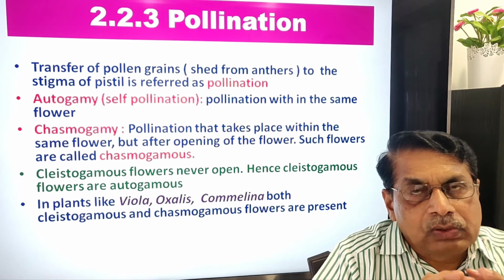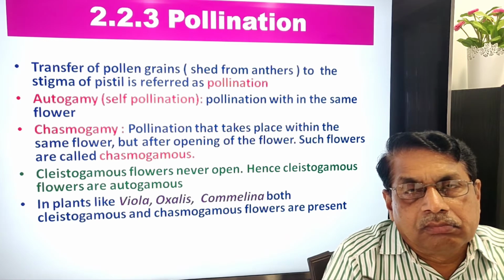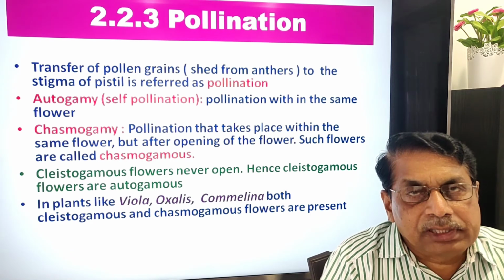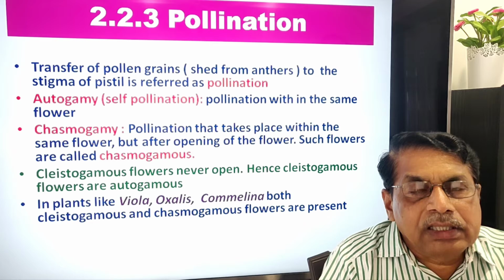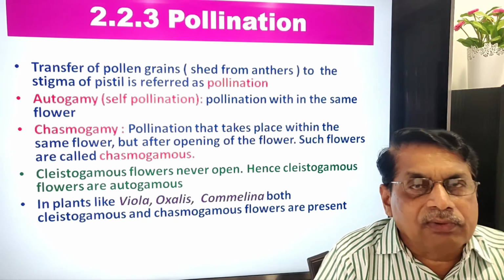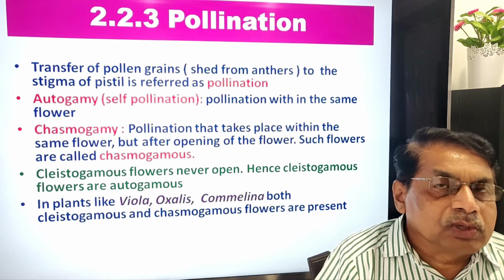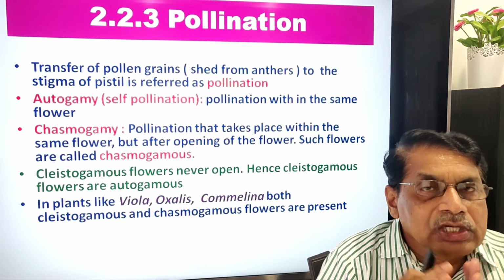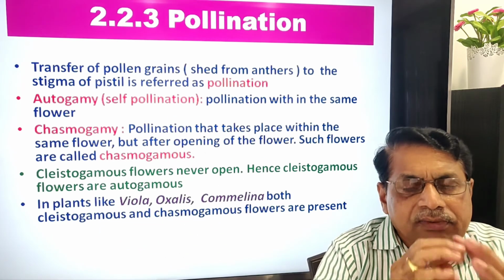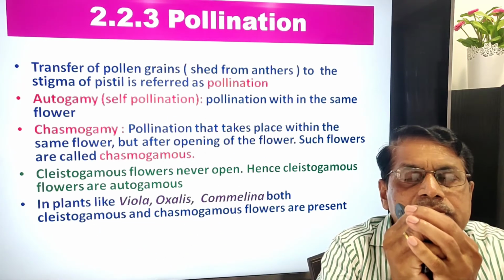Many of the flowers open, the male and female parts are exposed, then pollination takes place. If the pollination takes place after the opening of the flower, it is called chasmogamy. Such flowers are called chasmogamous. But there are some flowers that never open. They remain like this only.